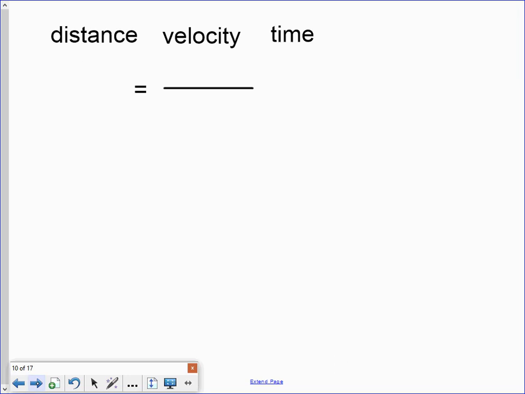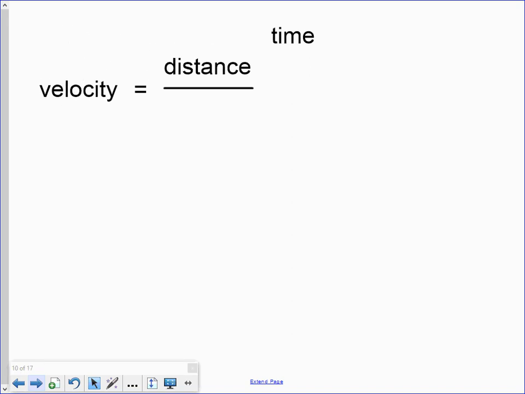So before we get into the problems themselves, what is the relationship between distance, velocity, and time? Well, the one to remember is that velocity is distance divided by time, or v equals d over t.